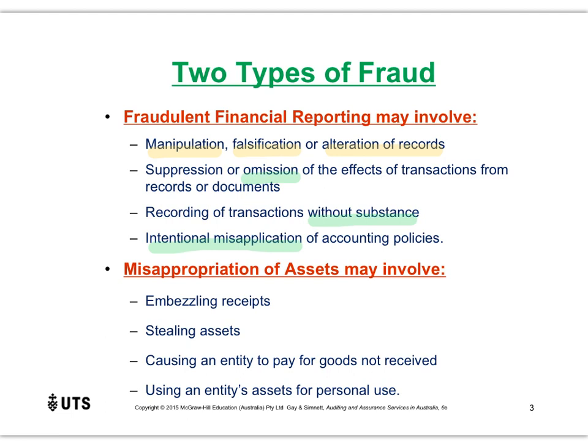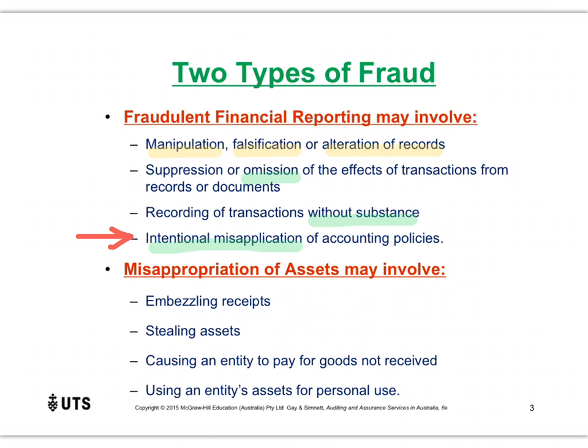So a good example of this one, and I'll do a little arrow for you. A good example of this one is, for example, using a different depreciation method than you're supposed to because it results in better information, or misapplying that method is probably a better way of thinking about it. So it's intentional misapplication of accounting policies.